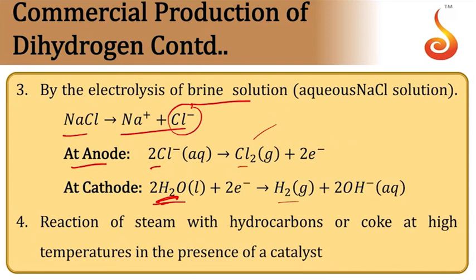Then comes the reaction of steam with hydrocarbons or coke at high temperatures in the presence of a catalyst. We get water gas from this. From water gas we can prepare H2 gas.